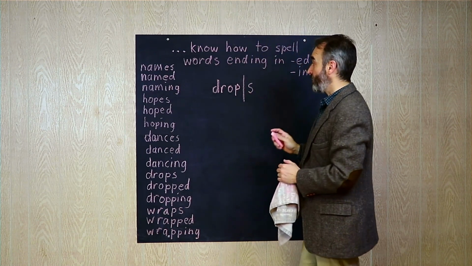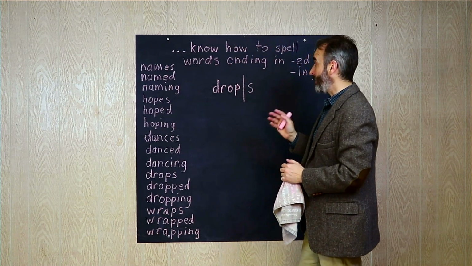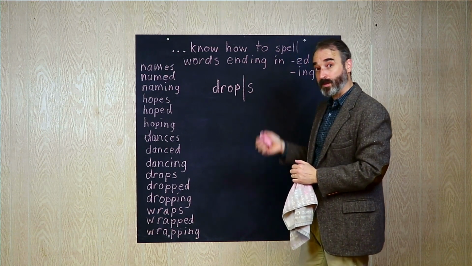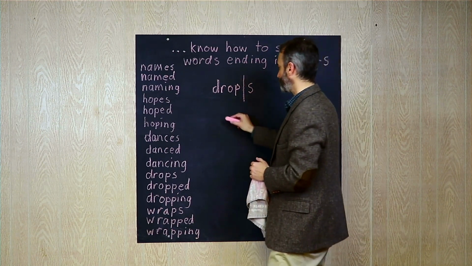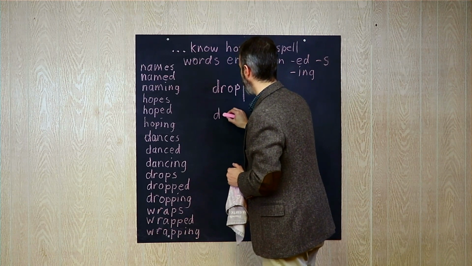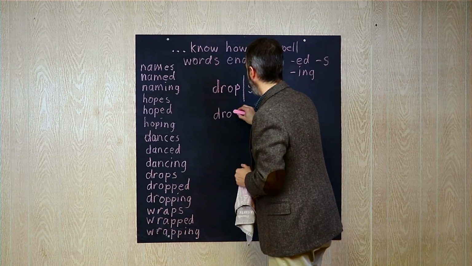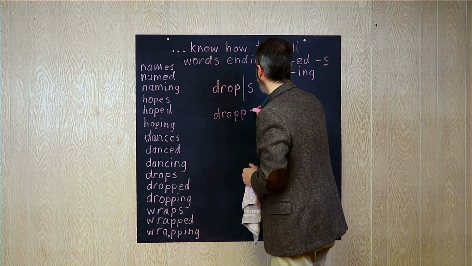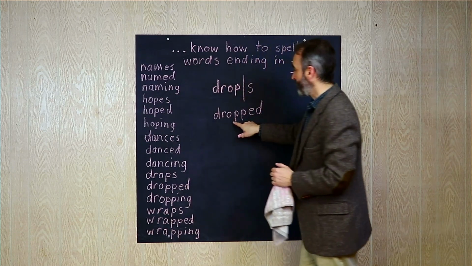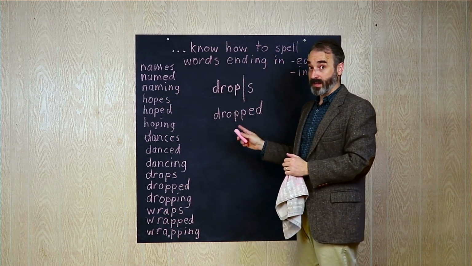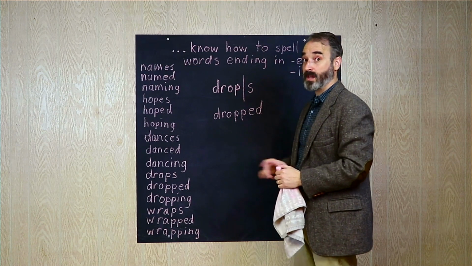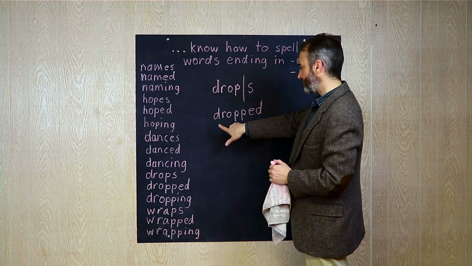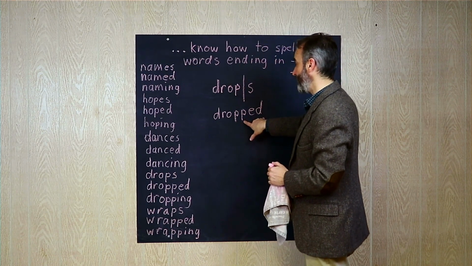But if Bob is dropping or dropped, Bob dropped the ball, we need to double up the consonant. We need to take the consonant and put another one there of whatever that consonant is, so that this can be dropped.